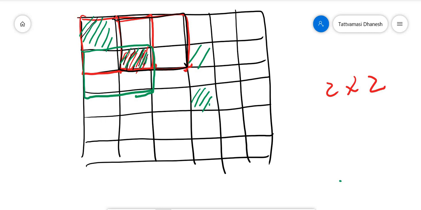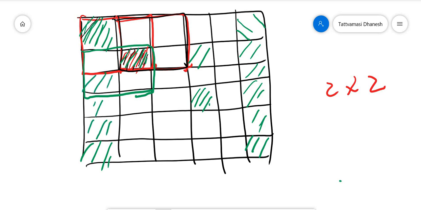But the corner pixels and the edge pixels, these areas, are covered very little when the kernel is moving. All the side edge pixels and the corner pixels are covered less.